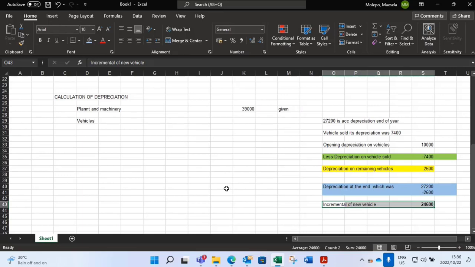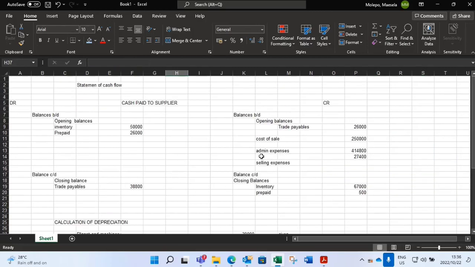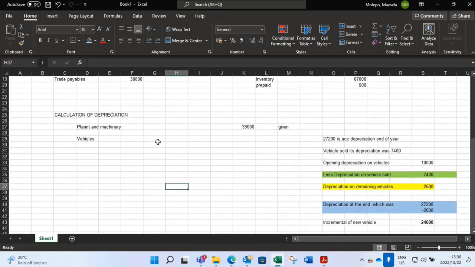So we'll say we have a depreciation of 24,600. Then we go back here to plant and machinery.